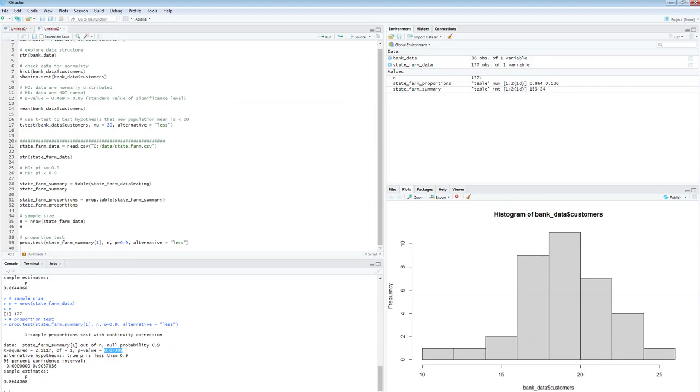So now what do I do? Interpretation of this p-value is just like what we did before, right? If the true population proportion is 0.9, 90% of customers are satisfied with the service, then the likelihood to see the sample like this with the proportion of satisfied customers of 0.8644 or less.